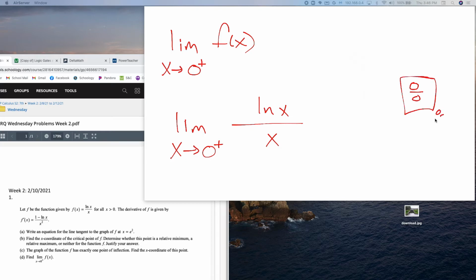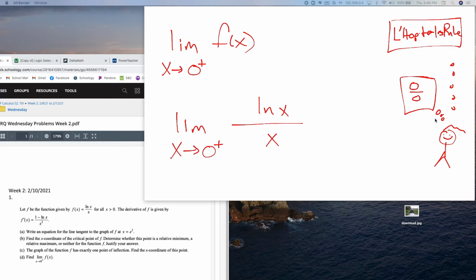Well, if you get 0 over 0, what should you think about? You should think, wait a minute, 0 over 0, isn't that one special thing? Isn't that L'Hopital's rule? And I say, absolutely.